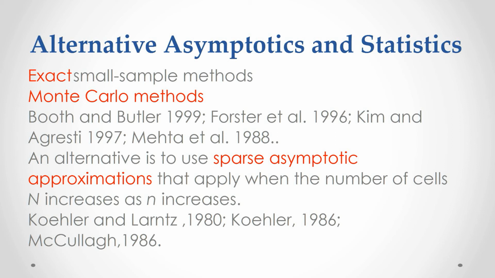A third alternative is to use sparse asymptotic approximations, not the standard kind of asymptotics, but asymptotics that apply when the number of cells N increases as the total number of observations n increases. For details, you are referred to the papers by Koehler and Larntz 1980, Koehler 1986, and McCullagh 1986.